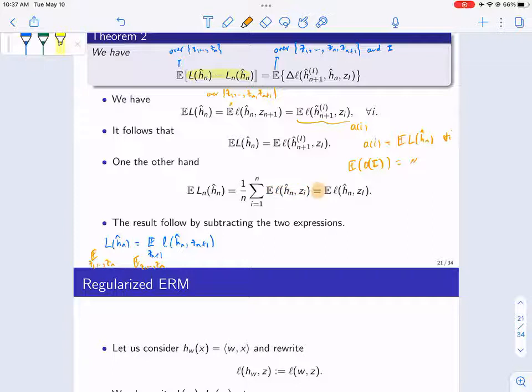So why is this? This is like some V_i, okay? So you're averaging over i from 1 to n of these.